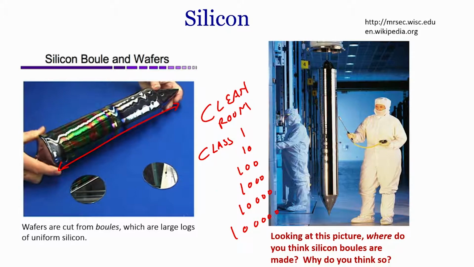For our experiments, we will be focusing more on class 1000 and 10,000 clean rooms. If you want to go for a foundry, you have to go for a class 100 clean room. Sometimes you can also go for a class 10 clean room. So, we identify that this fabrication of the boule should be in a clean room environment.